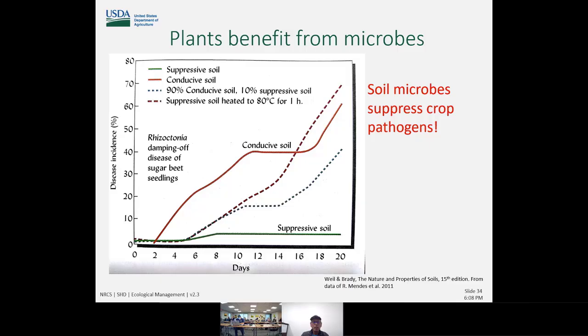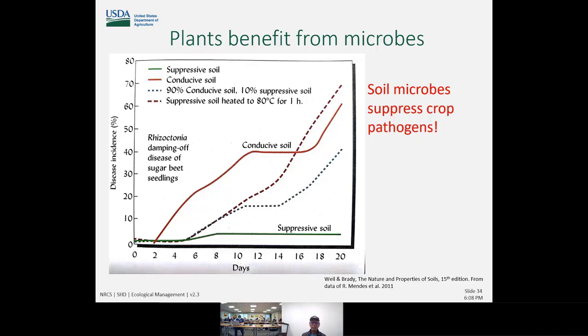Lower down here is the suppressive soil, and on the axis is days after the beginning of incubation. If you are incubating the suppressive soil, it is actually becoming the conducive soil.